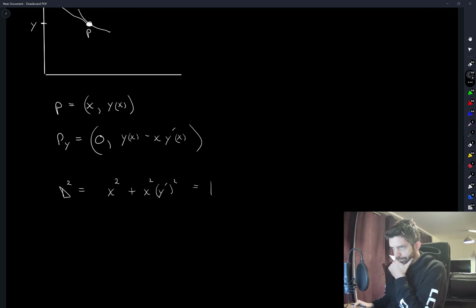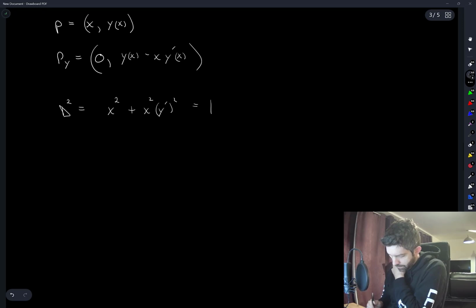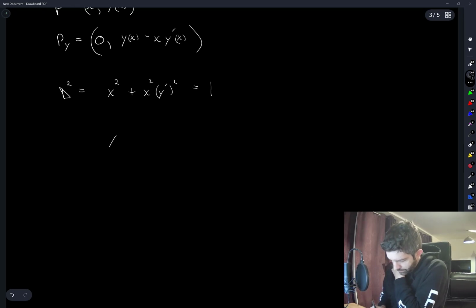I mean, this is not the same differential equation in either options B or D. But maybe we can change it around.